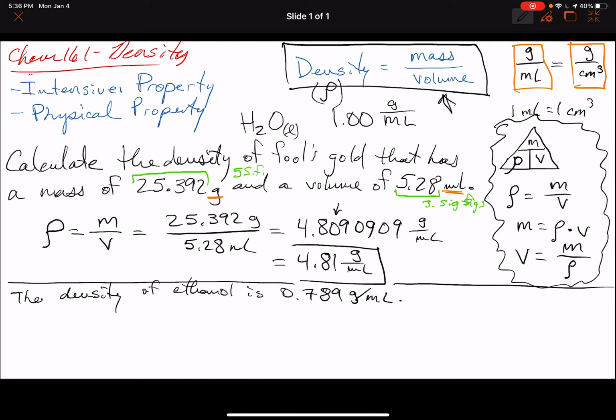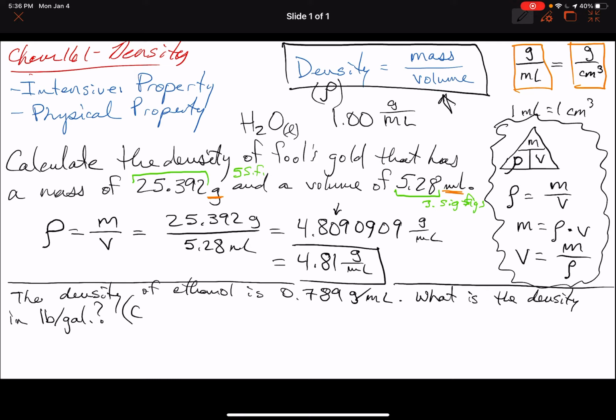And we are told to answer the question, what is the density in different combined units, in pounds per gallon?